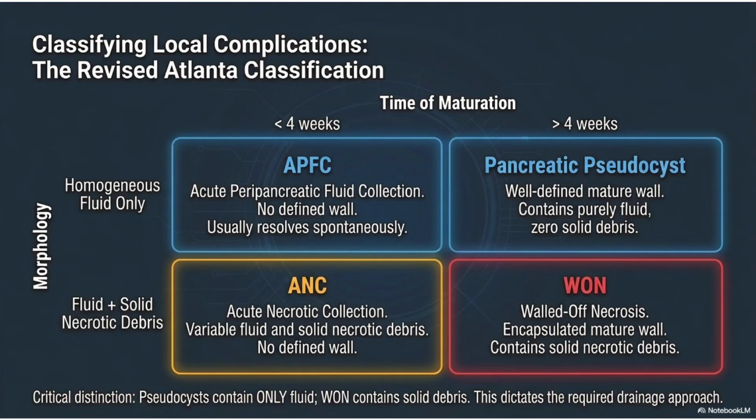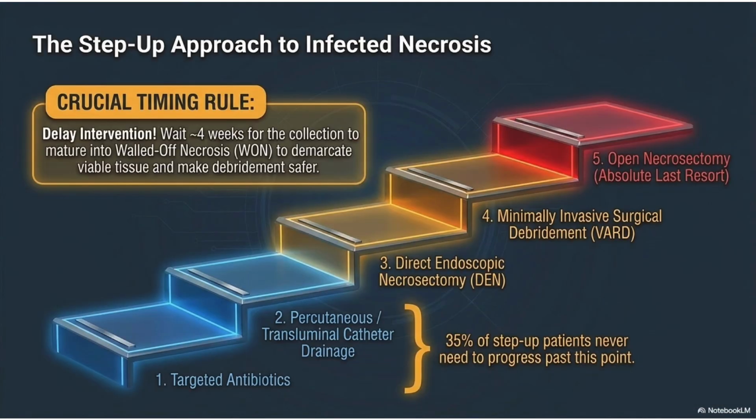Now, the later presentation, more than 4 weeks, is pseudocyst formation, a well-defined mature wall containing purely fluid and zero solid debris. You can watch this, or if it's problematic, it can be drained. The walled-off necrosis is an encapsulated mature wall containing solid necrotic debris. A little bit more serious intervention is going to be needed for this one.